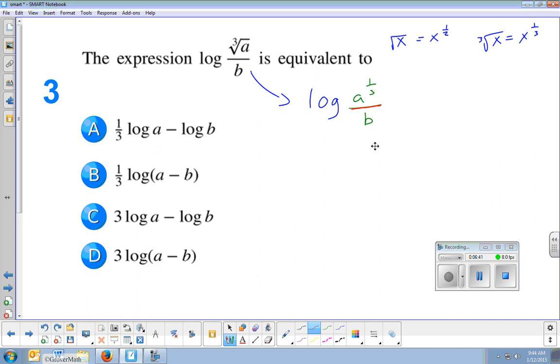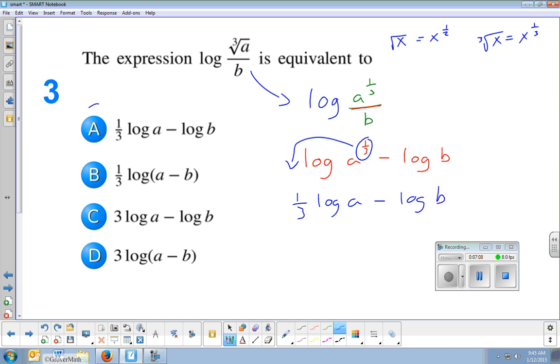And so that's what we're going to do first here, is that would be log a to the 1/3 minus log b. So I expand my division into a difference of two logs. And then once more, I see I have an exponent, which I'm going to place in the front to get 1/3 log a minus log b. And that would be here.